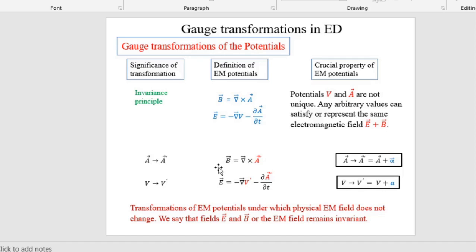As we have already seen, this physical electromagnetic field in these two sets of equations does not change under these gauge transformations. The electromagnetic field remains invariant under these gauge transformations.